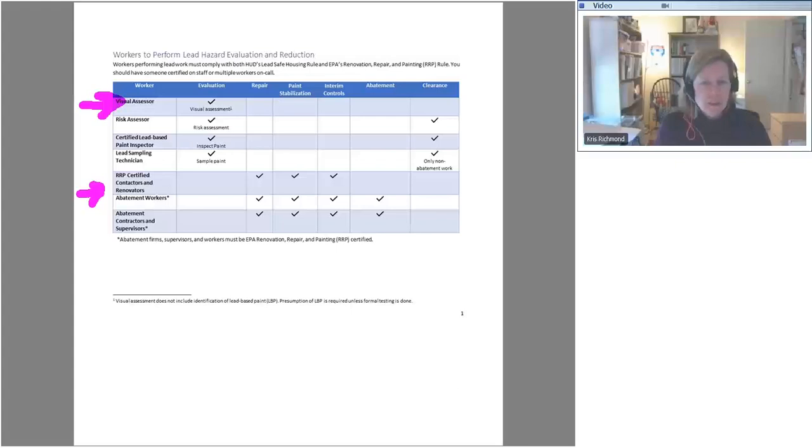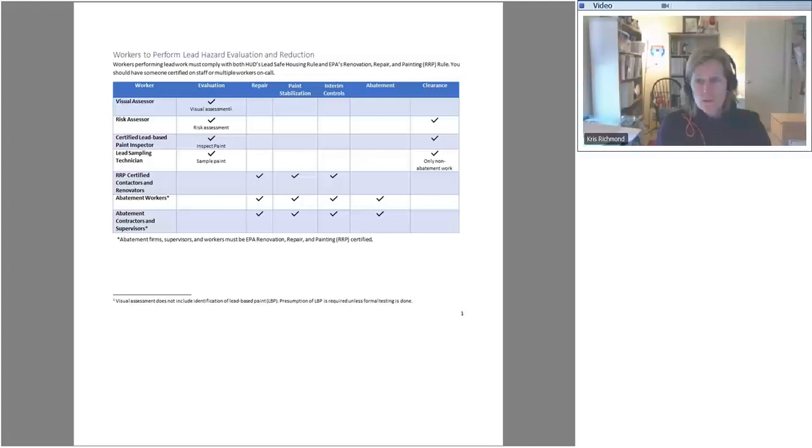Clearance needs to be done by a risk assessor or a lead-based paint inspector or a clearance technician. And then we have our ongoing maintenance. The ongoing maintenance, again, is done by the owner, and like I said, if any work needs to be done, by RRP certified workers.